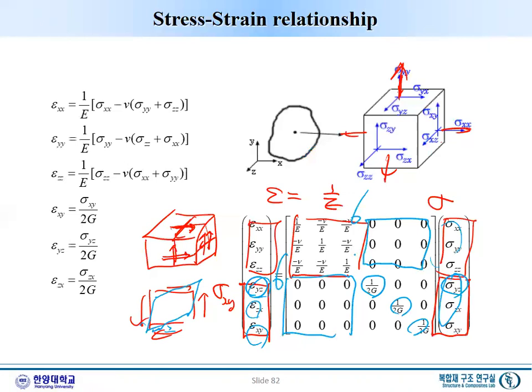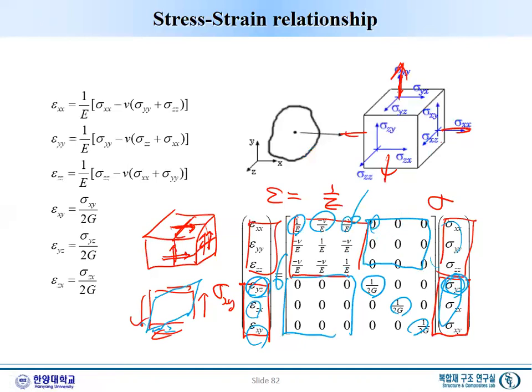But each term has a meaning. What is this one? Tension and extension. What is this one? When we apply this, how much it shrinks. What is this zero term? When we apply the shear, there is no extension, no difference, right? So that's why it's zero. Each term has its own meaning.